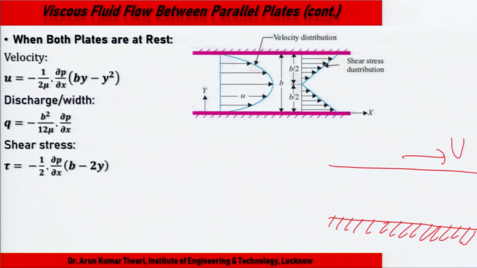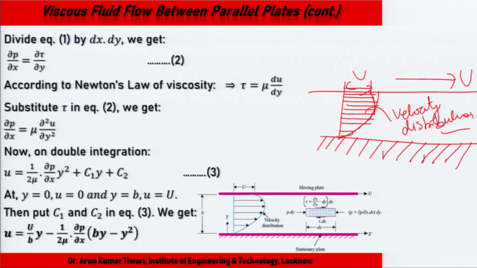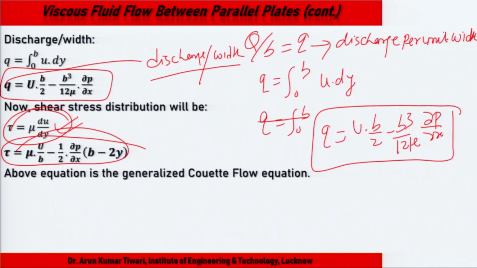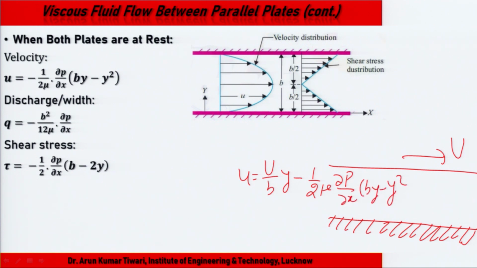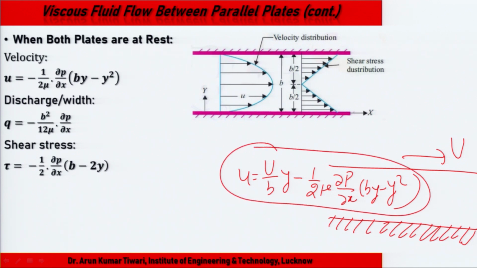In the previous case, the velocity was capital U upon B into y minus 1 upon 2 mu del p del x into y into (B minus y). This is the expression of the Couette flow, when one plate is fixed and the other movable.